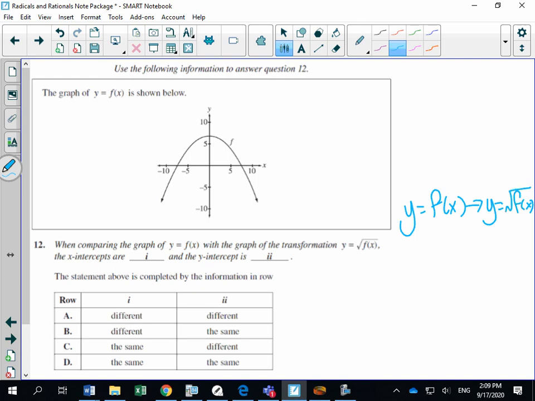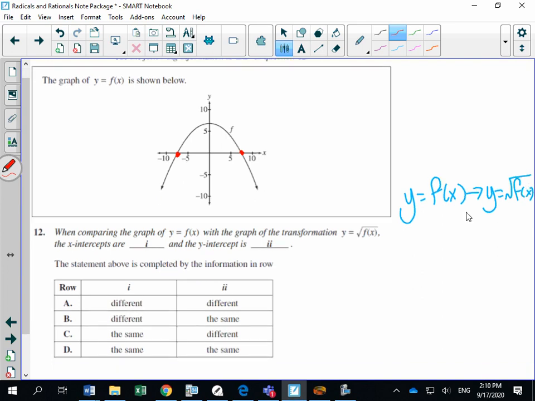The x-intercepts are. So the x-intercepts of the graph would be this guy and this guy. And what they're saying is, okay, the x-intercepts on the original graph, what will these two x-intercepts be on the transformed graph? Well, I hope you realize that x-intercepts are invariant points, right?